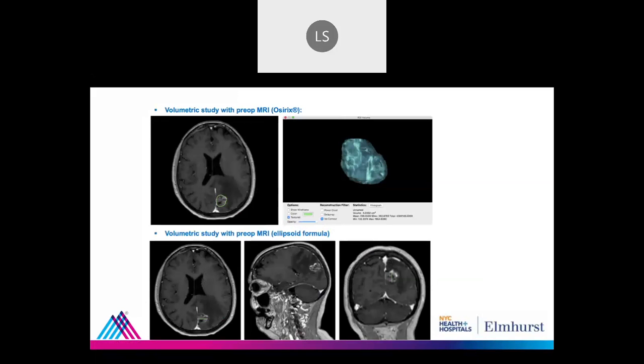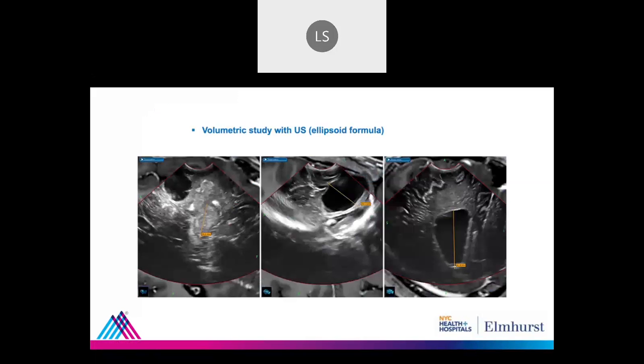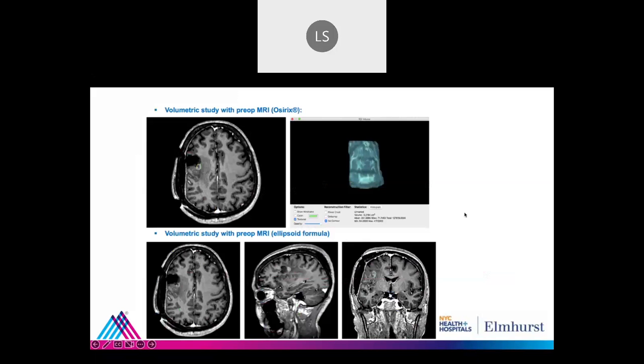And this is how we measure the tumors with the ultrasound, because we didn't have a three-dimensional picture that we could use. We just used the ellipsoid formula, and we did it in the navigation system. And same for the residual tumor.